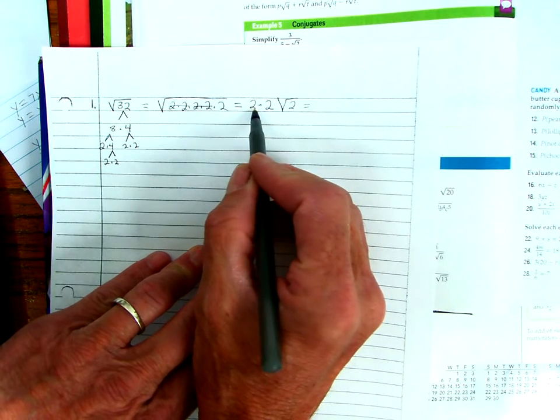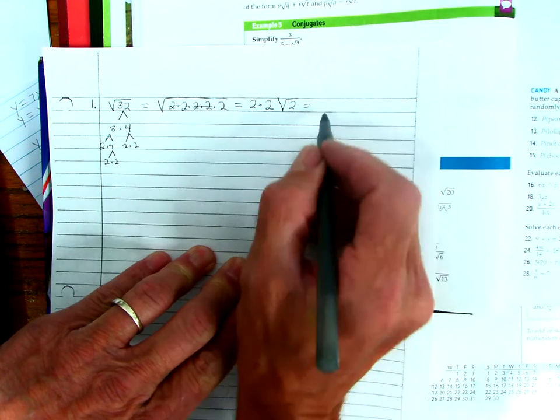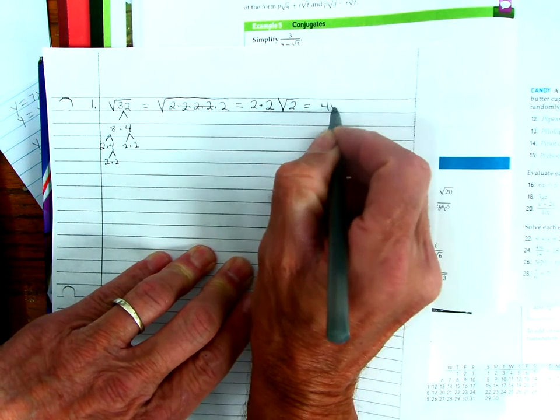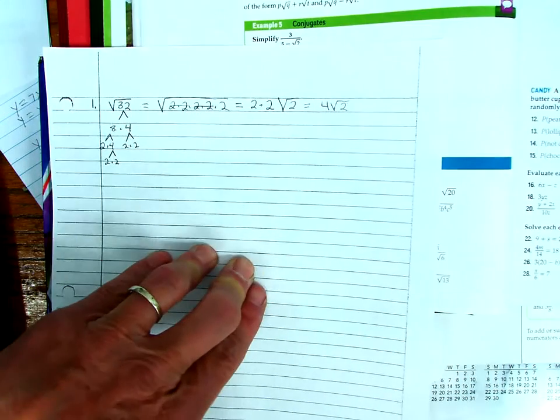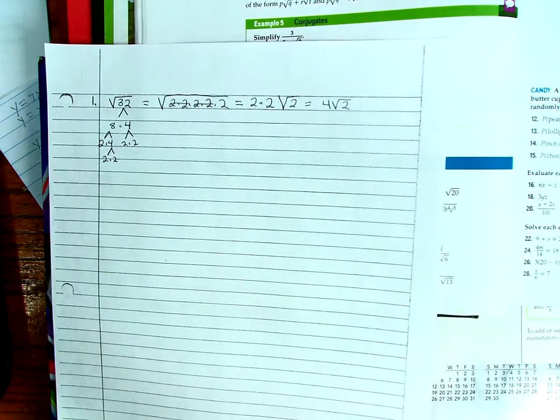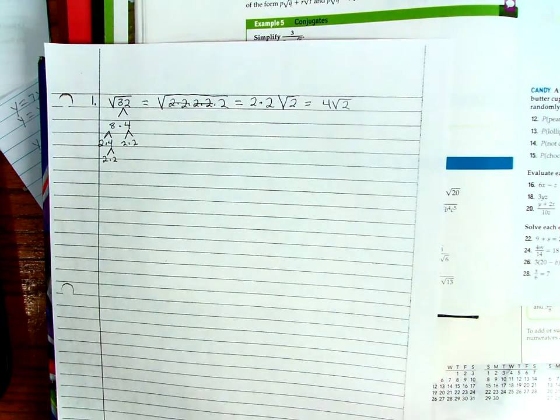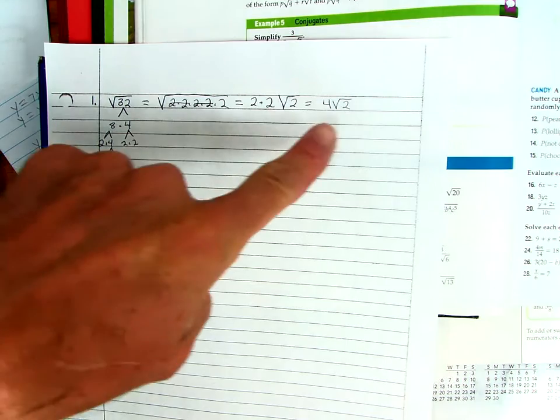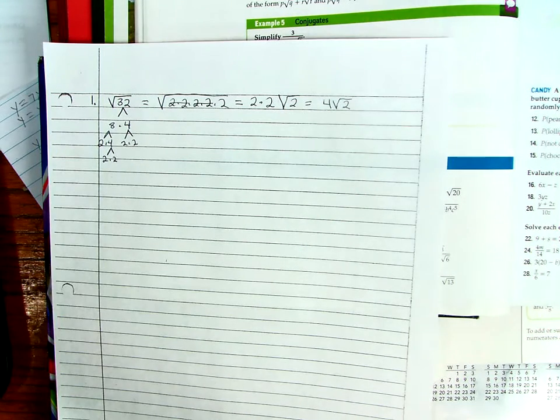Now simplify it even farther. 2 times 2 is 4. Square root 2. The calculators that we have will not give us these type of answers. So we're going to have to work it out by hand.